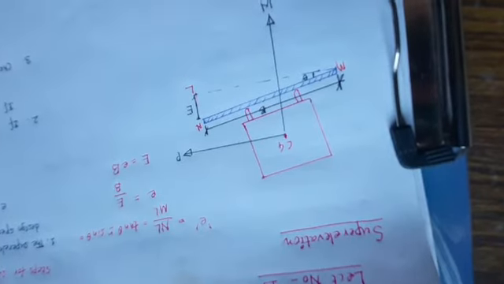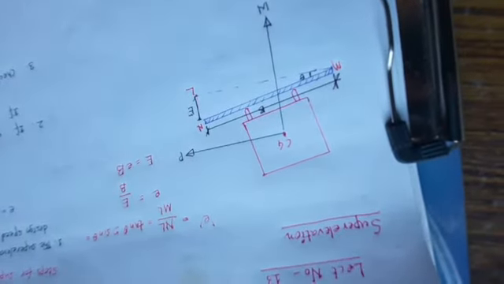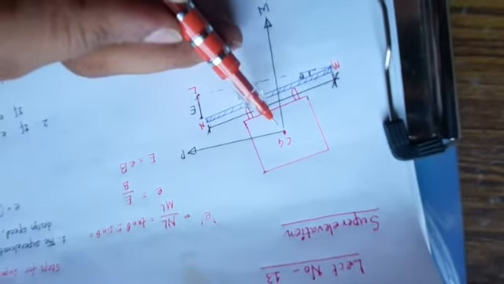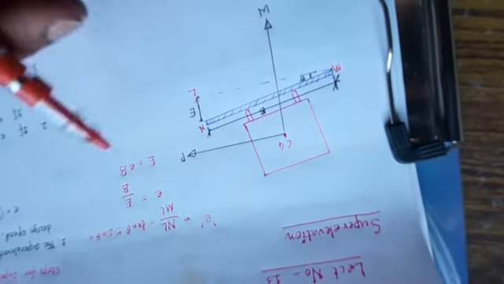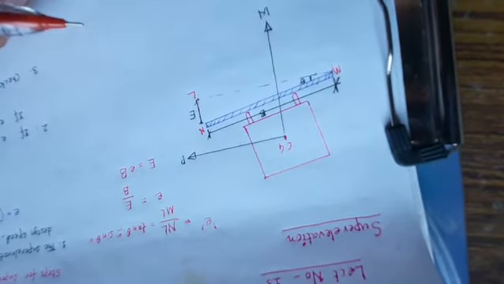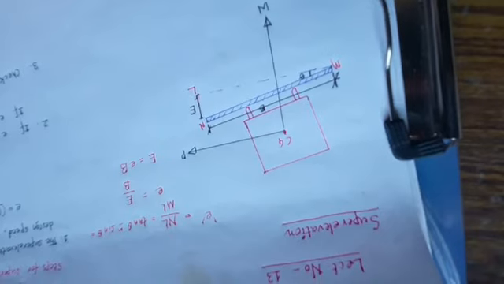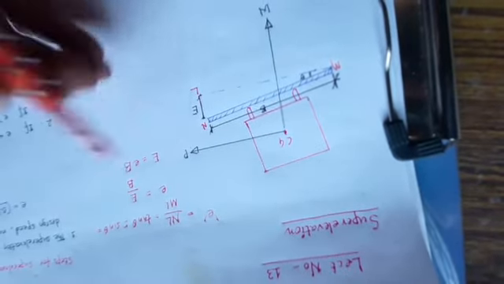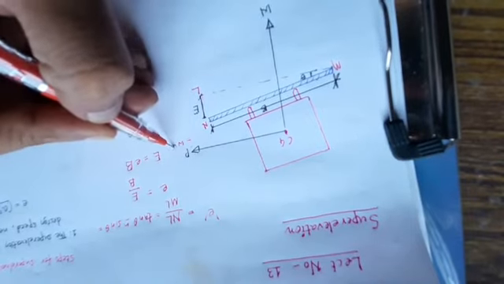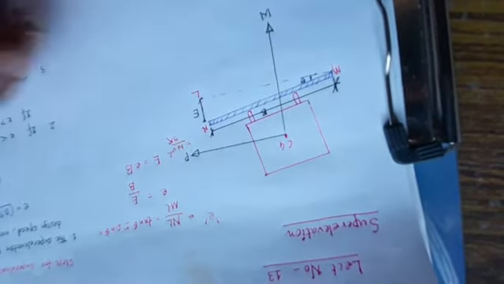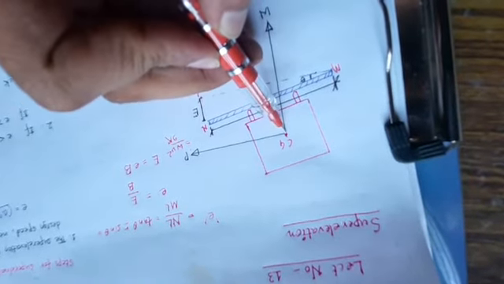If I analyze superelevation, the forces acting on a vehicle moving on a circular curve of radius r in meters and v in meters per second, three forces come into the picture. One is the centrifugal force, P equal to W v square divided by g r, acting horizontally outwards through the center of gravity.